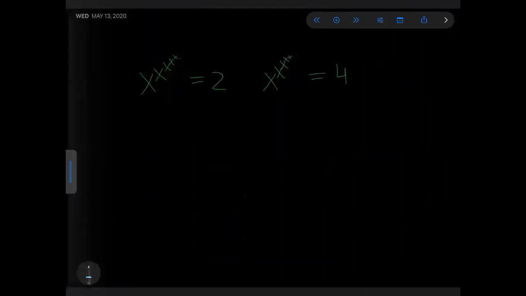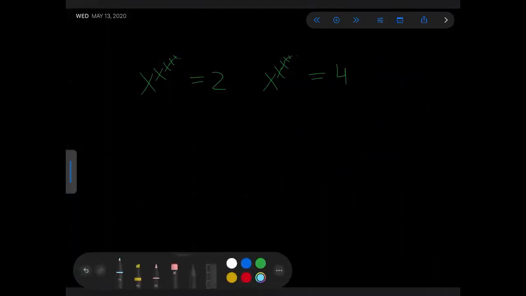Let's move on to a cautionary tale. Can you guys see this color of green? All right, that's nice. So you guys might have seen this in a couple of YouTube videos because this problem got decently famous. What if you have x to the x to the x to the x is equal to 2?